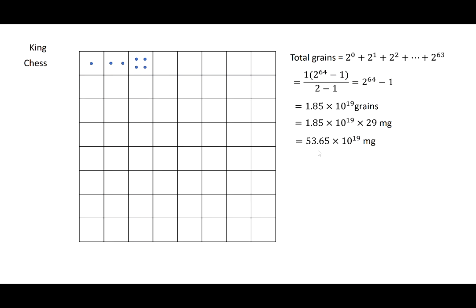So milligrams, to convert it into kilograms, you need to divide by 10 to the 6. And so this many kilograms. Okay. And now 1 kilogram is 2.2 pounds. There we go. So I multiplied 53.65 by 2.2, and so you get this.